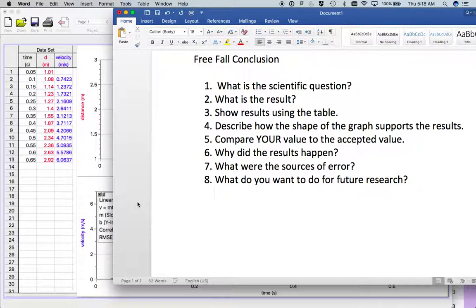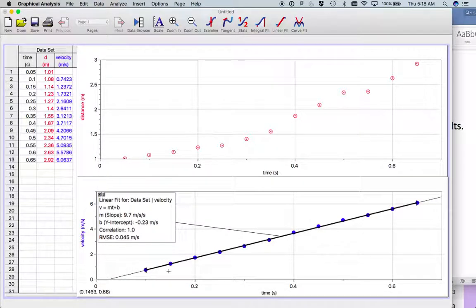So think about what the result was. The result was that we didn't have a constant velocity. We had a velocity that started low and ended high. We definitely had a changing velocity, and therefore we have an accelerating object.